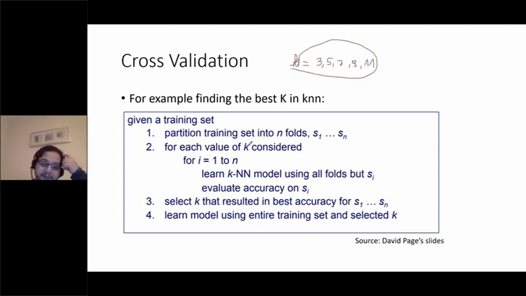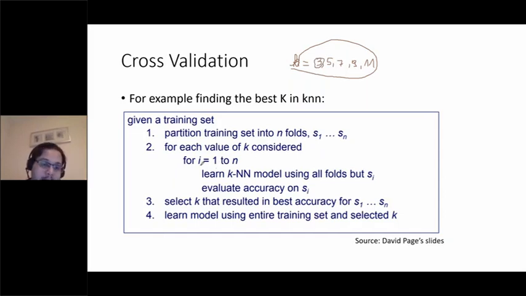For each K, we want to select the best K using cross-validation, just to make sure that our K is the best, not from just one simple division, by looking at different testing and training partitions. So we select the first K equals 3.